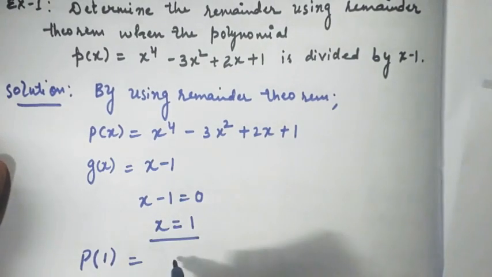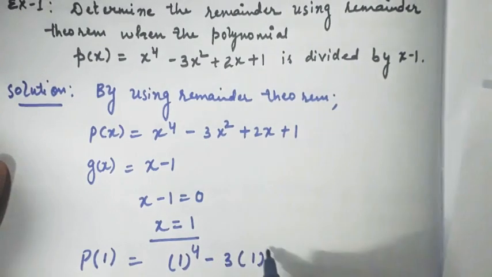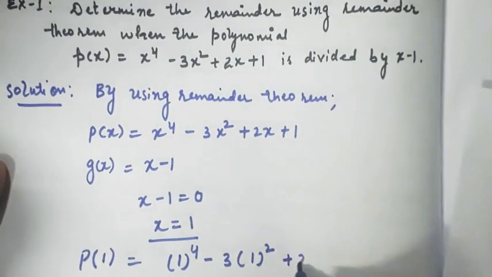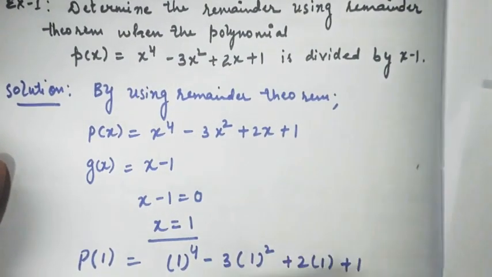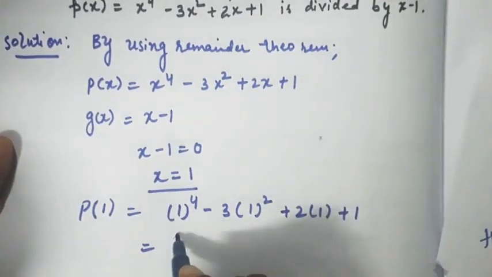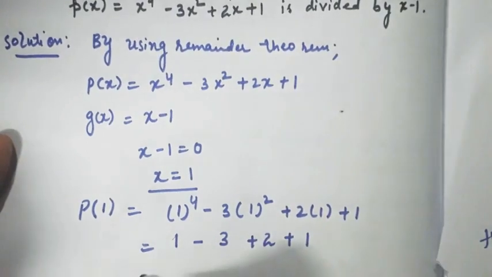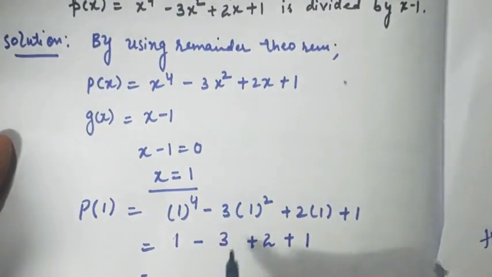So here x raised to the power 4 means 1 raised to the power 4, minus 3 times 1 raised to the power 2, plus twice of 1, plus 1. So I get 1 raised to the power 4 is 1, minus 3, plus 2, plus 1. Okay, so by solving this, I get 1.